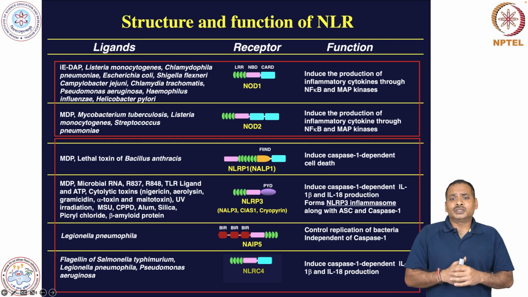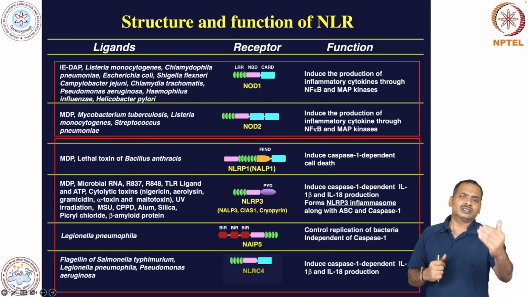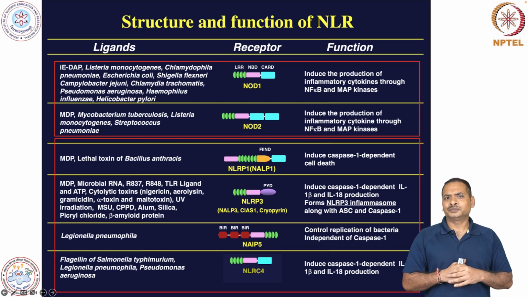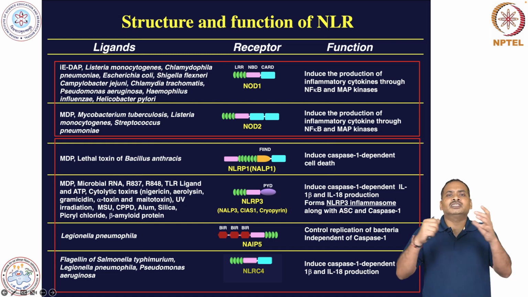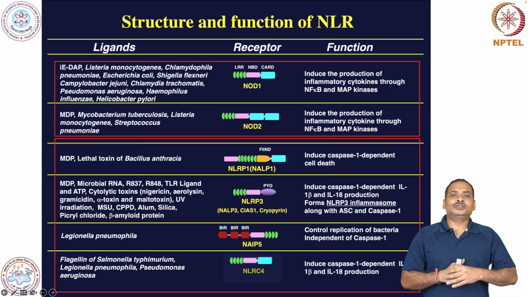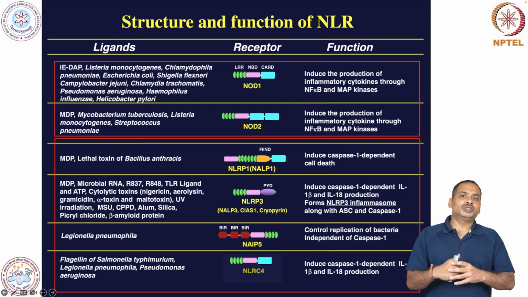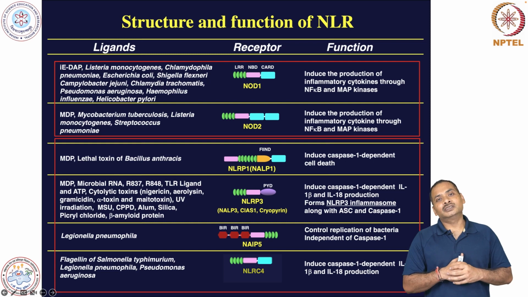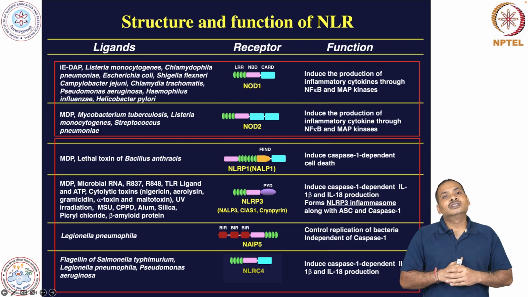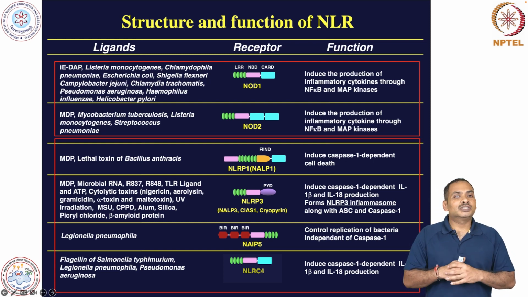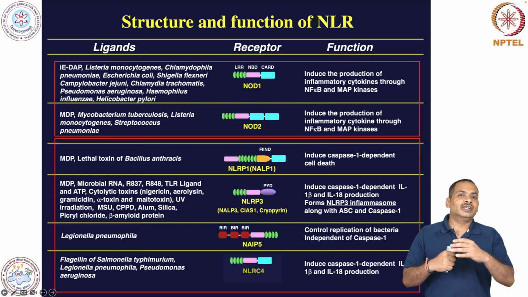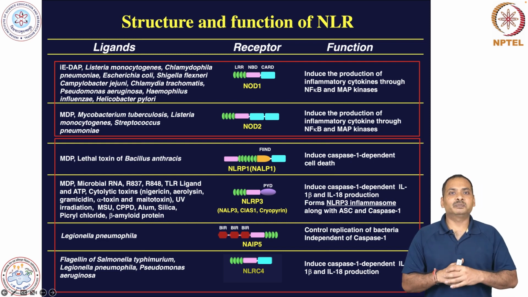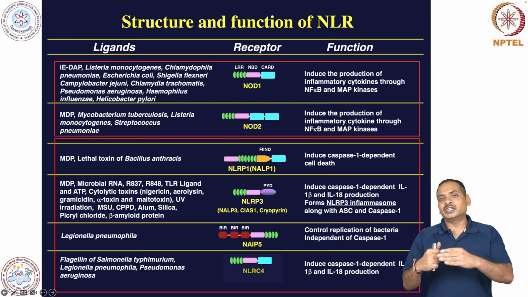NLRP3 makes an inflammasome, and other NLRPs also make inflammasomes. So what is an inflammasome? It is simply a multi-protein complex, and the aim of this complex is to activate an enzyme present in inactive form, procaspase 1.